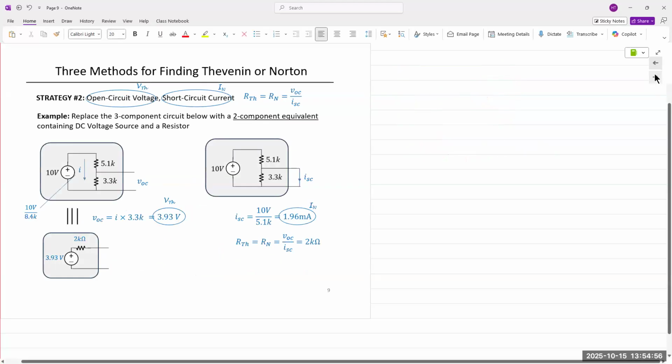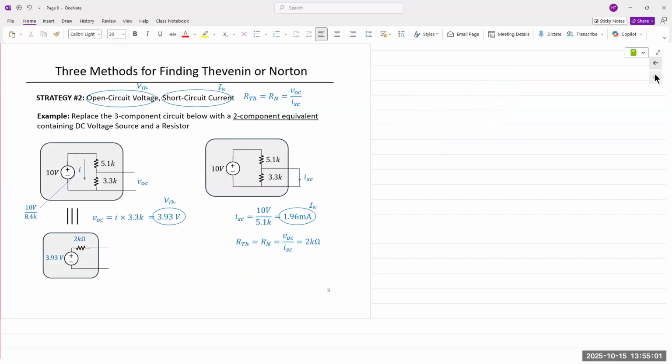All right. So that was one method. The second one is to determine the open circuit voltage and the short circuit current between those terminals. These are the techniques that I typically teach in circuit analysis classes. By far, the most popular and the most convenient.